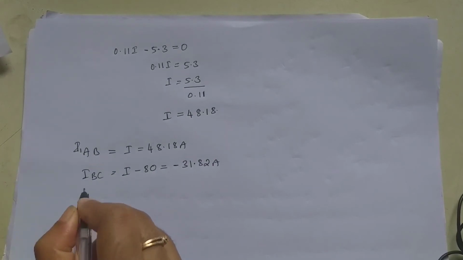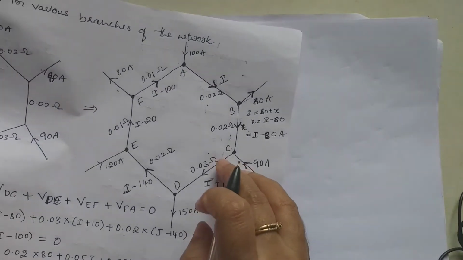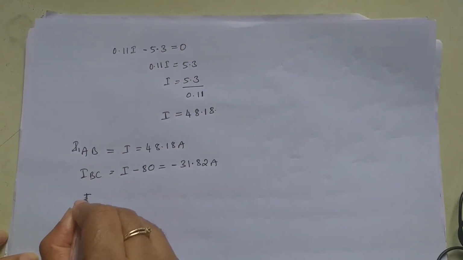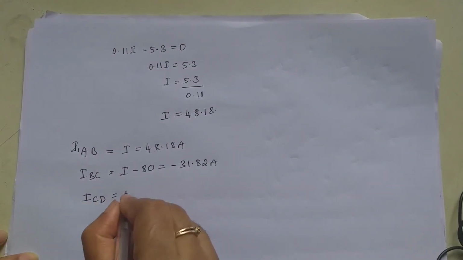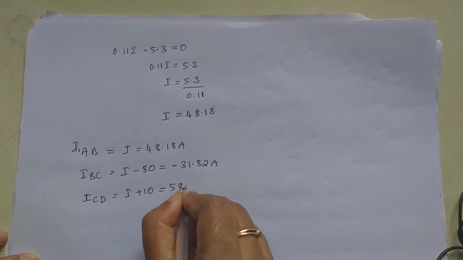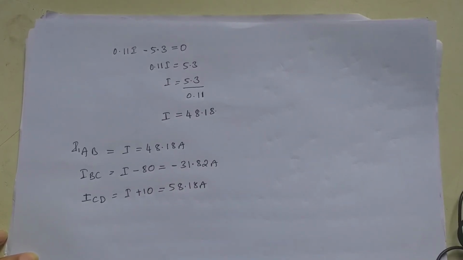The current through branch CD, ICD, is I plus 10, which is 58.18 amperes.